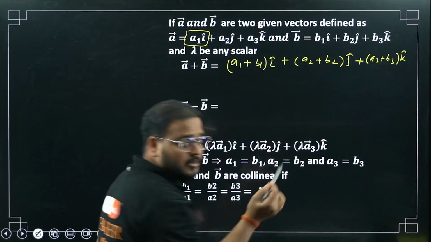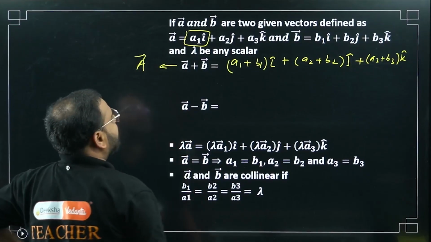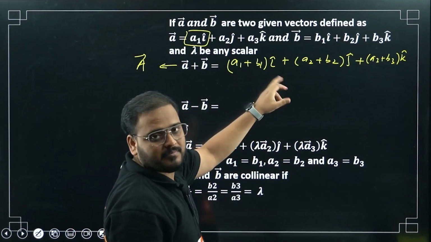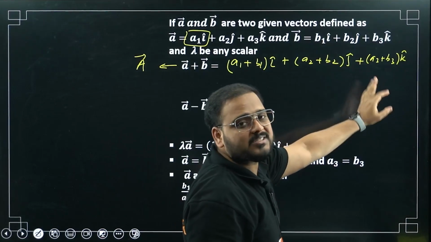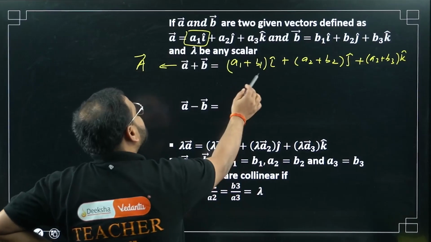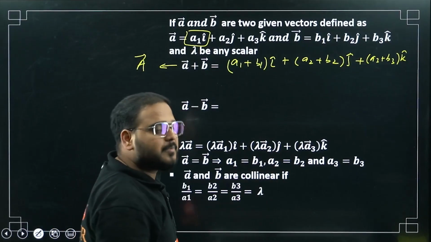Even this is a vector, right? I can store this in another vector, let's say vector capital A. So for vector capital A, what is the x component? A1 plus B1, the scalar form. A2 plus B2, again the y component, and the z component is A3 plus B3, in the scalar form. In the vector form, A1 plus B1 i cap, A2 plus B2 j cap, and A3 plus B3 k cap.